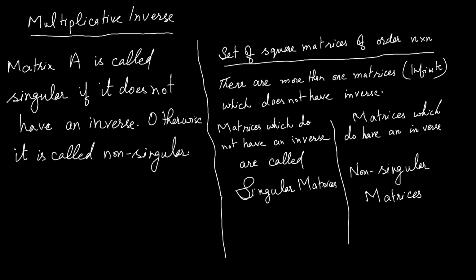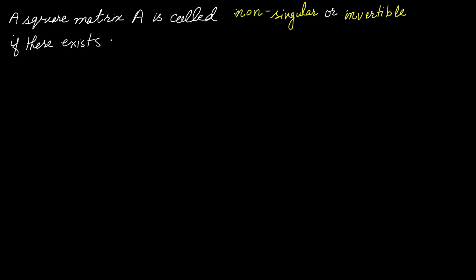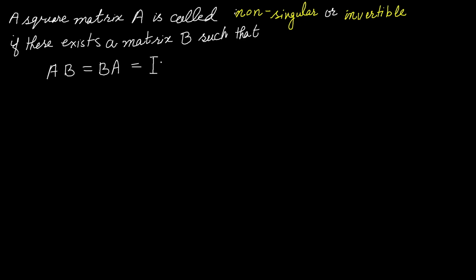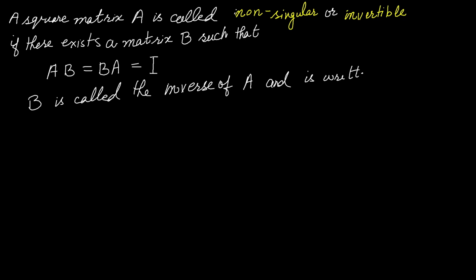When we simply say inverse of a matrix, we will always mean the multiplicative inverse. So, a matrix A is non-singular or invertible if there exists a matrix B such that AB is equal to BA is equal to the identity matrix. The matrix B is called the inverse of A and is written as A power minus 1.